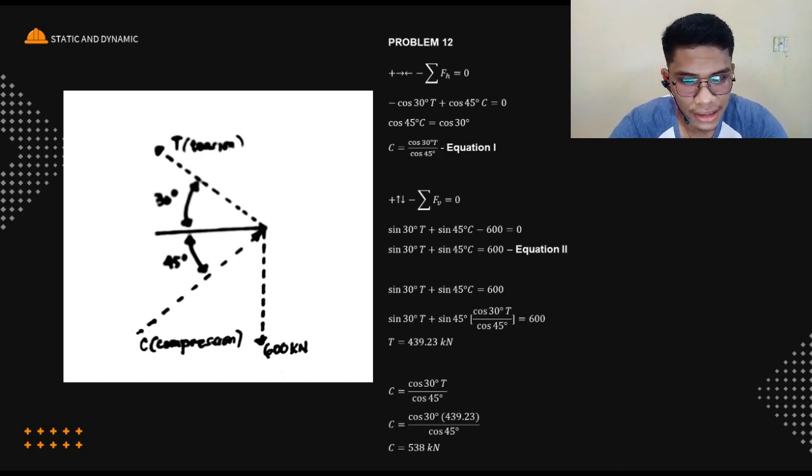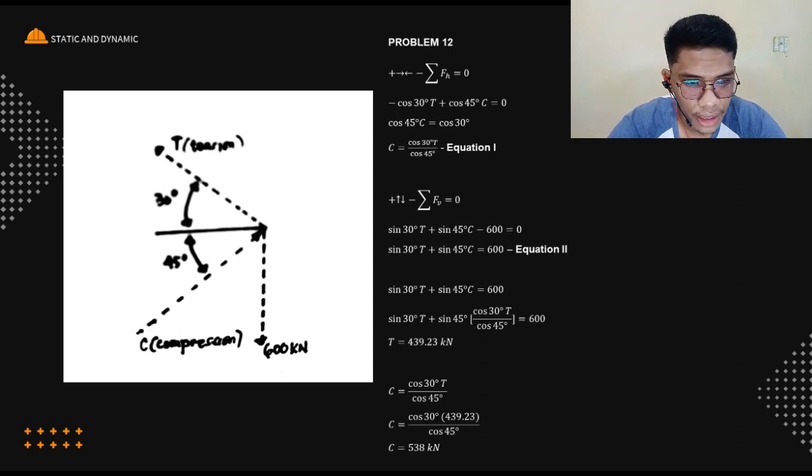And then, ganoon din po, positive din po dito sa ating C kasi pataas po. And then opposite din po ng 45 yung ating vertical force. Minus the 600, kasi di ba meron po tayong load na 600 which is pababa. So, naging minus siya is equal to 0. So, sin 30T plus sin 45C is equal to 600. Yun po yung ating magiging equation number 2.